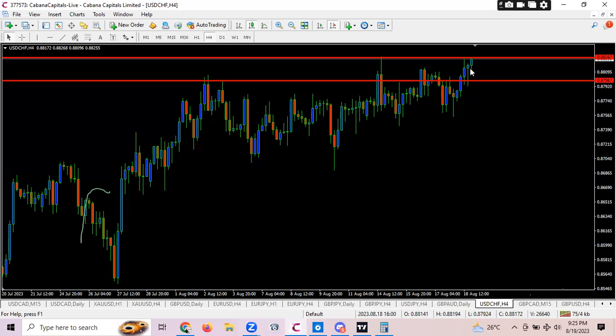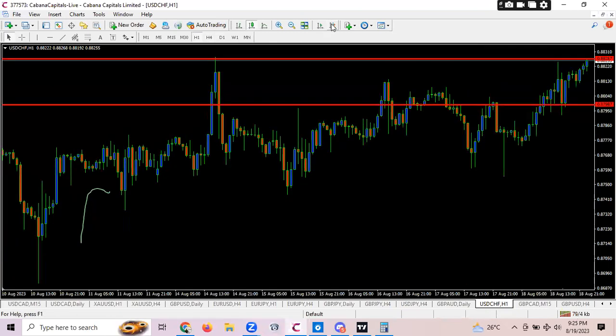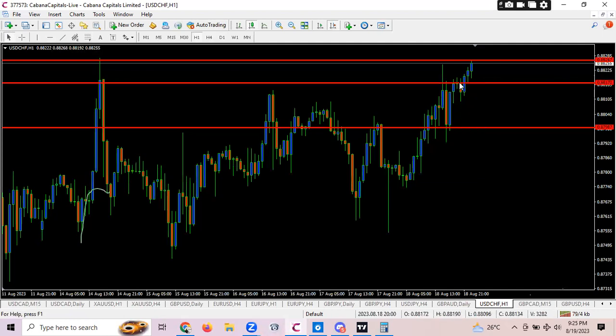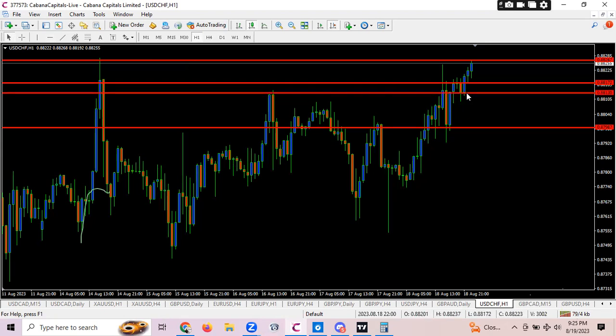Okay, we could also identify support and resistance of this 4-hour candle. Let's go to 1 hour. Okay, so you can see we had a resistance here. We also had a support here. You can see it was a previous resistance, now support. Can you see it?